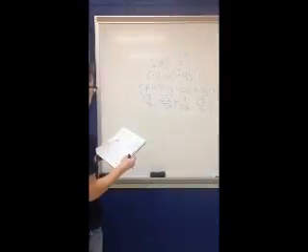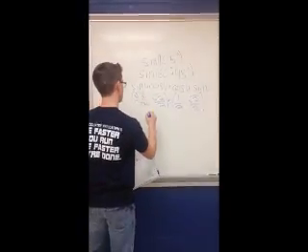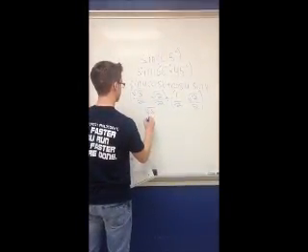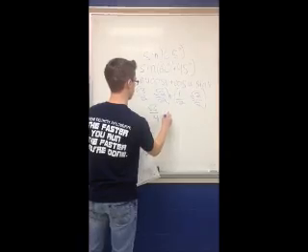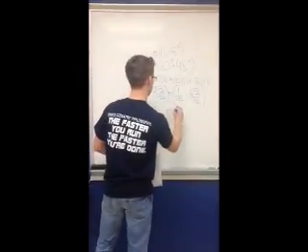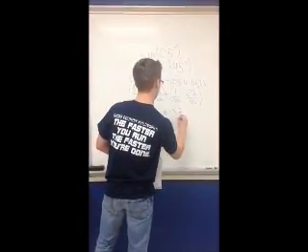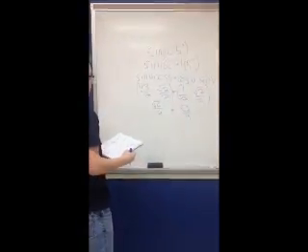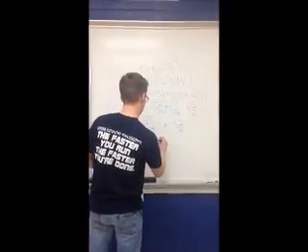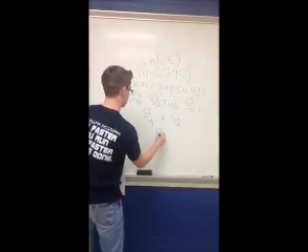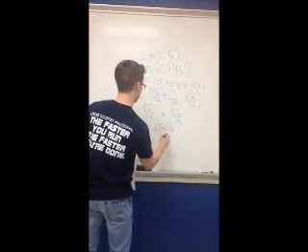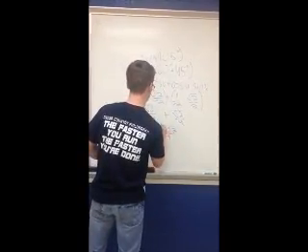And then you can multiply straight across, so you get square root of 6 over 4 plus square root of 2 over 4. And then that can be condensed to square root of 6 plus square root of 2 over 4.